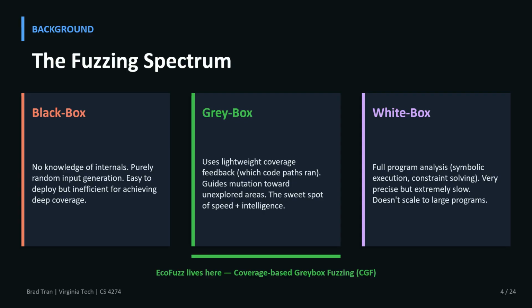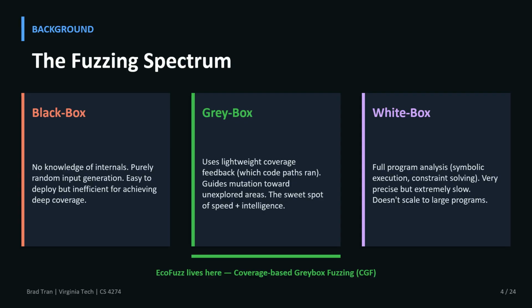Lastly, but certainly not least, is gray box fuzzing. Gray box fuzzing is the middle ground and what this paper focuses on. It uses lightweight coverage instrumentation to observe which code paths each input exercises, then uses that feedback to guide mutation.